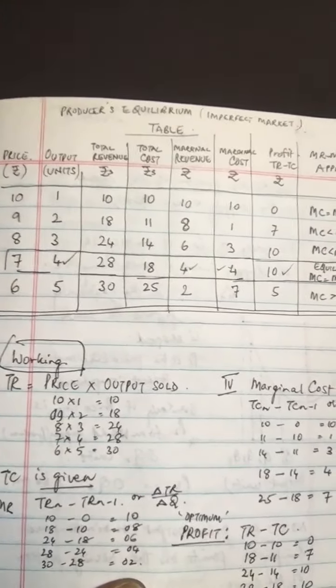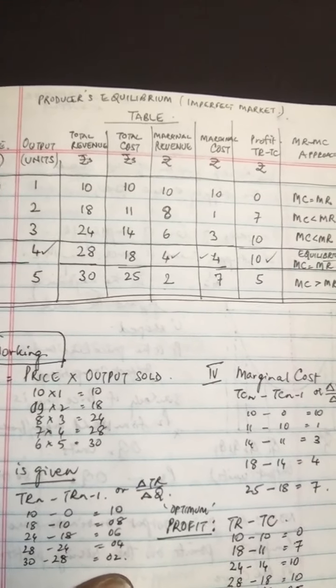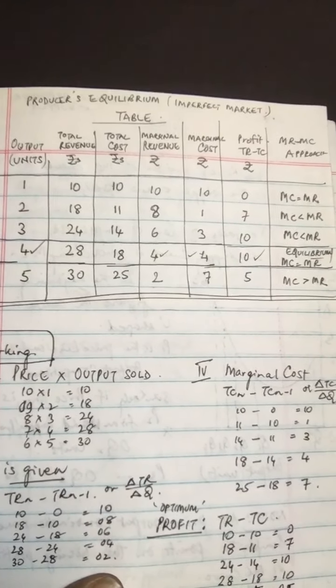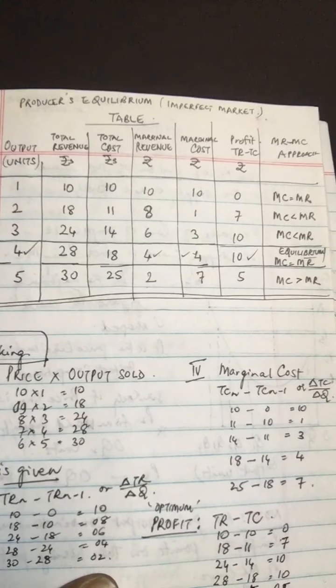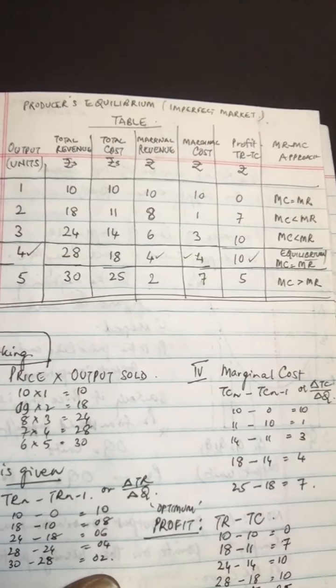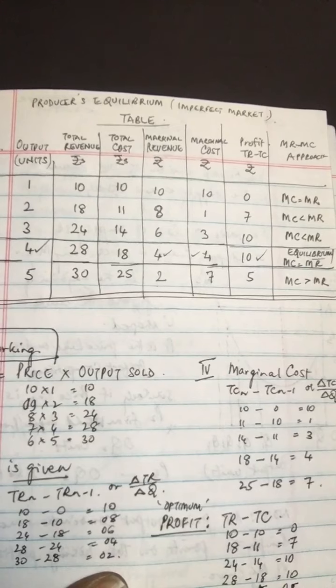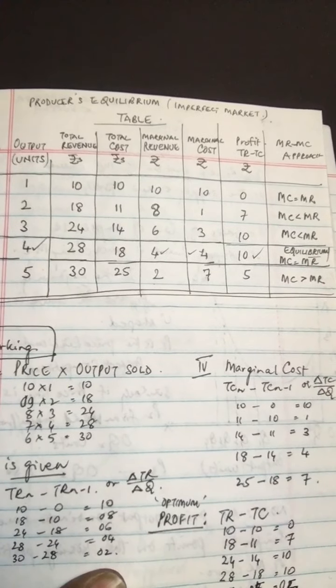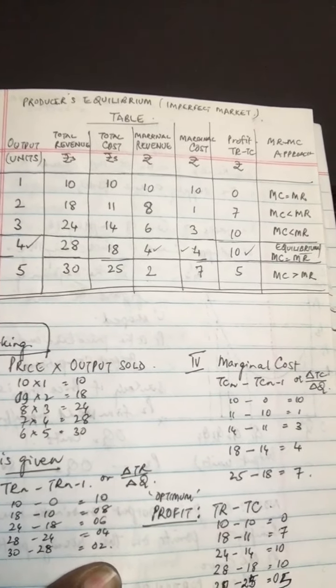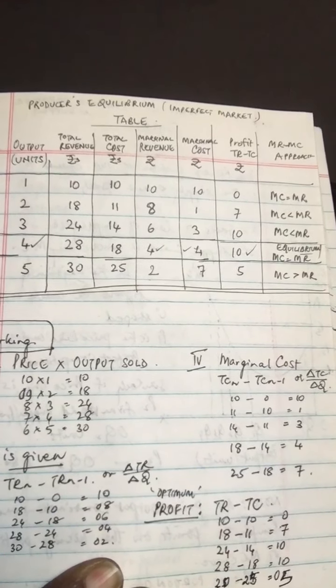Here you can see the prices. When the price is 10 and one output is produced, total revenue is 10 and the total cost is 10. So 10 into 1 is total revenue, and the total cost is given as 10.